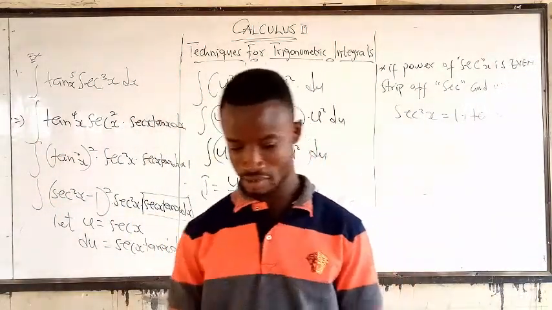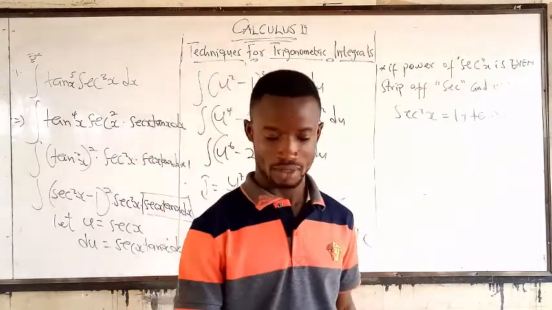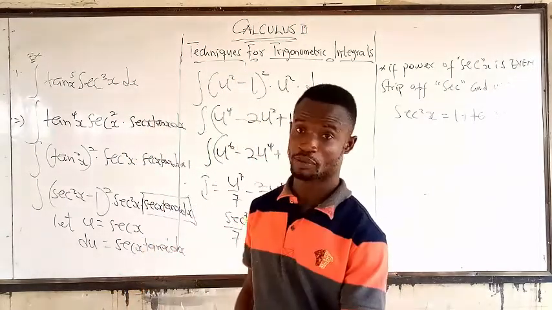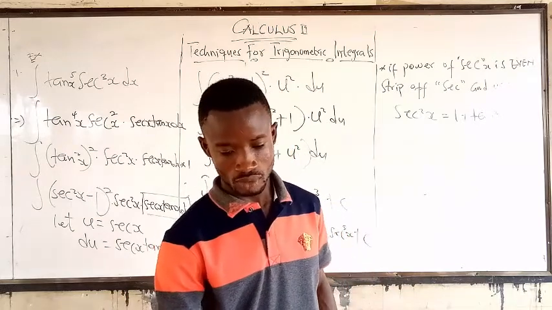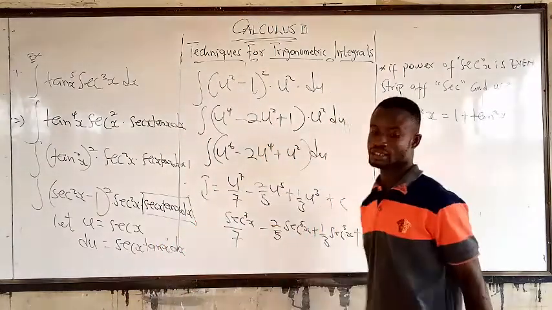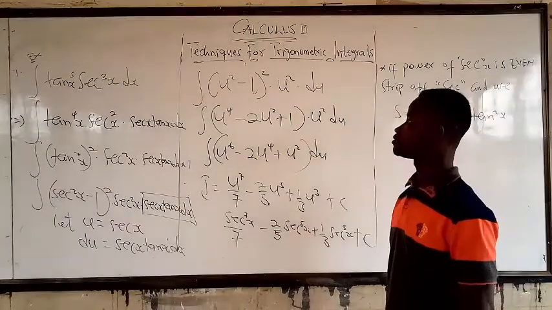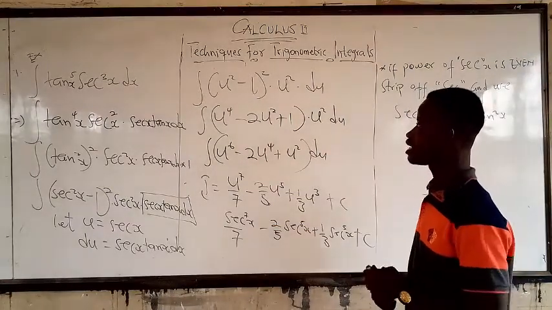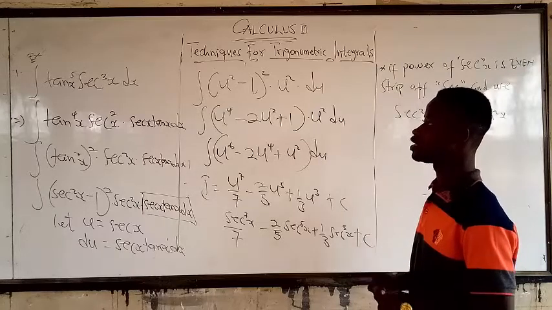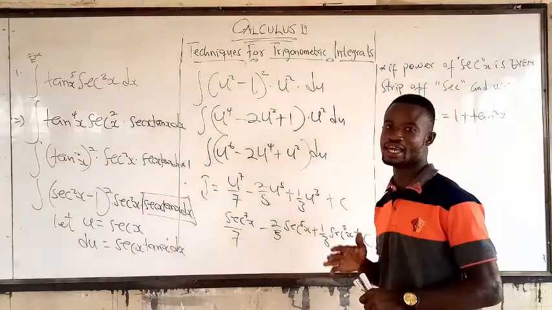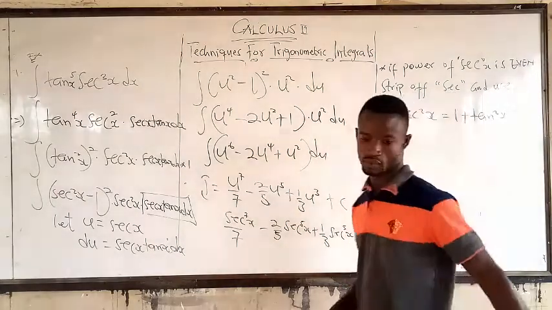You just need to apply your simple algebra and your previous knowledge. Alright, so that is the one for sec and tan. And as I said, in the same idea we used to do the cot and the cosec.